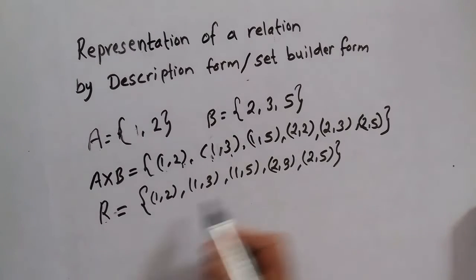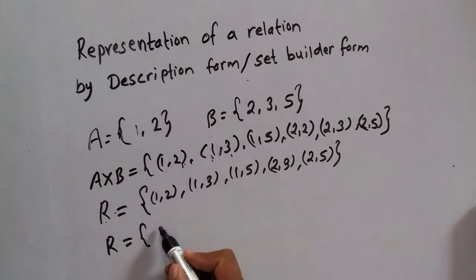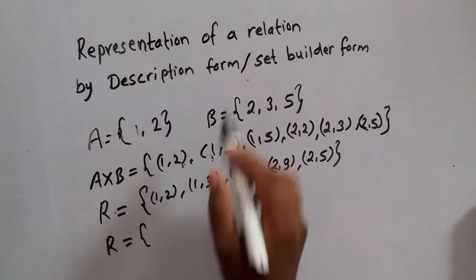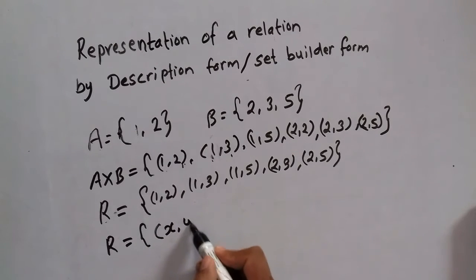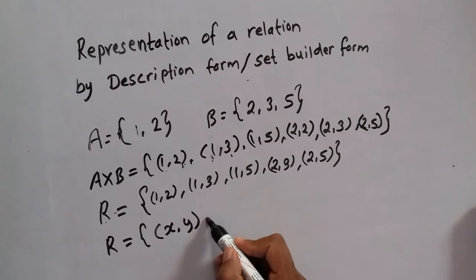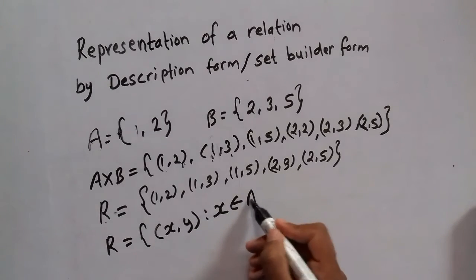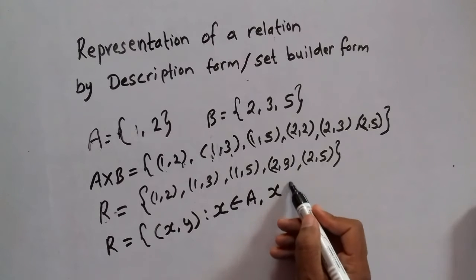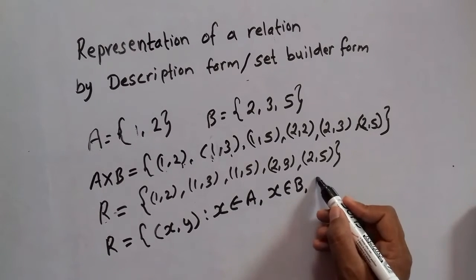Now we are going to write this relation in set builder form or description form also. For this we write same as before (x, y) such that x belongs to set A and y belongs to set B, and now we write the condition.